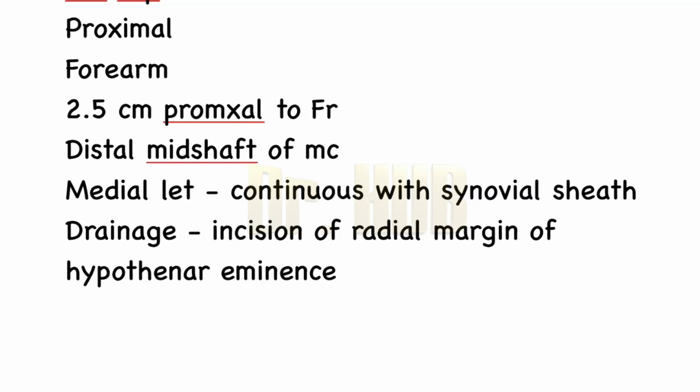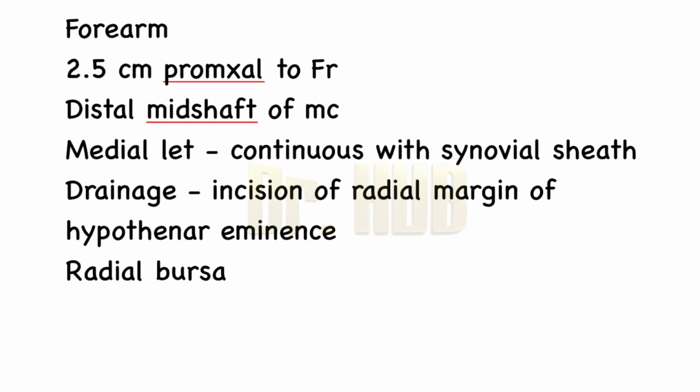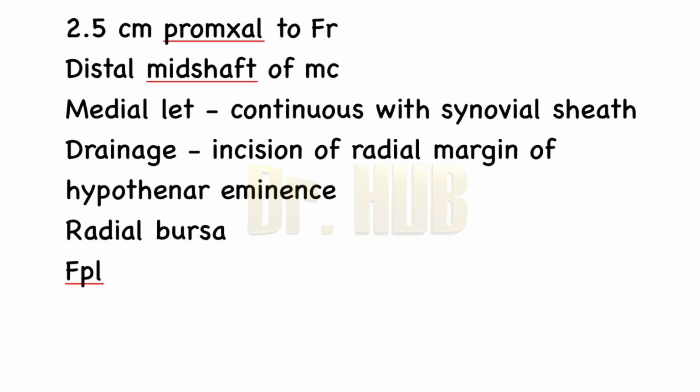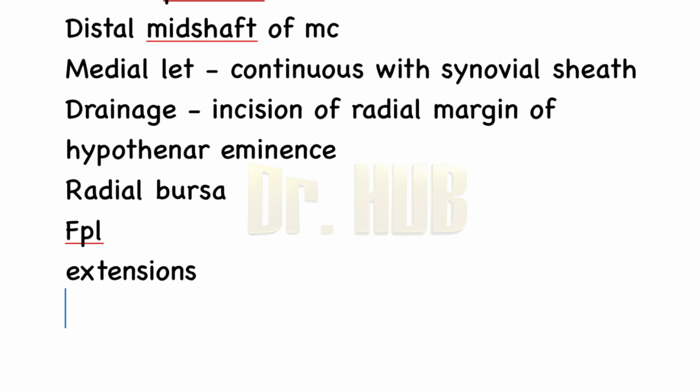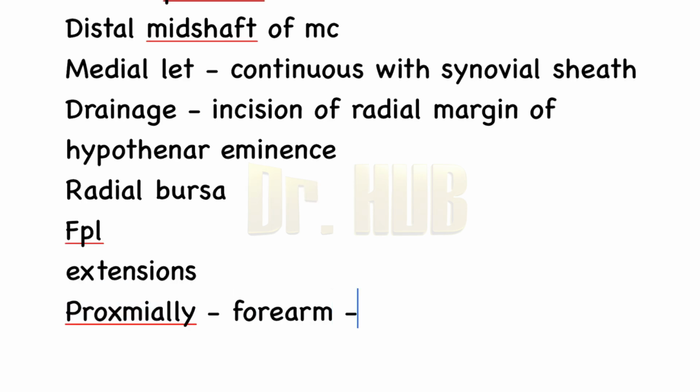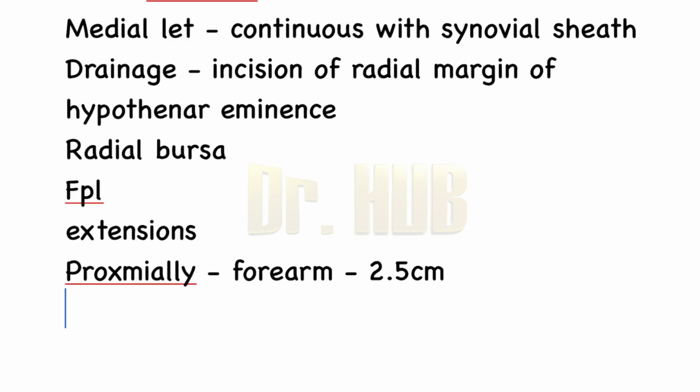Next, moving on to the radial bursa. The radial bursa is the synovial flexor sheath of the FPL. What happens in the extensions? Proximally, it extends into the forearm, 2.5 centimeters proximal to the flexor retinaculum.